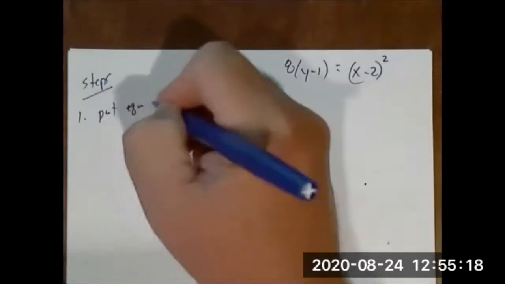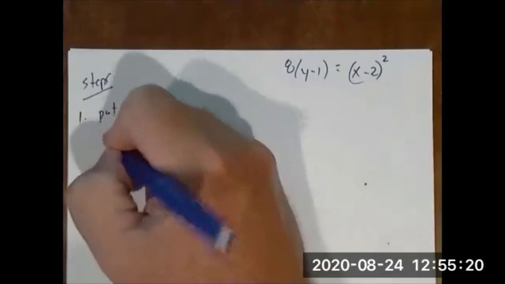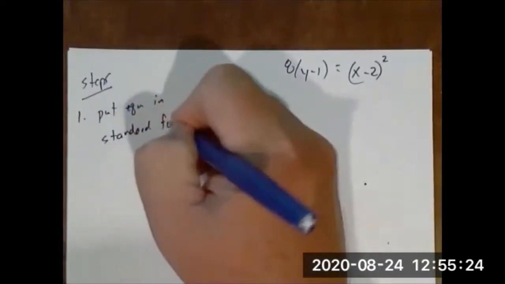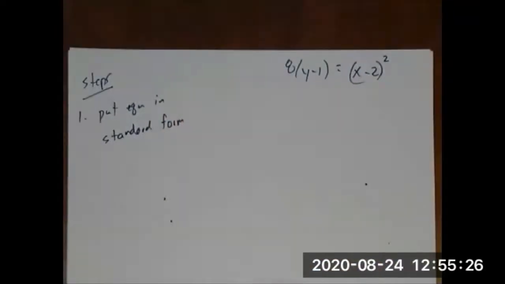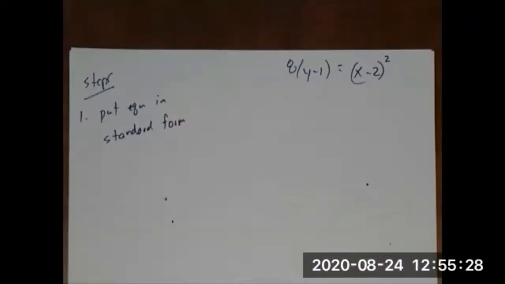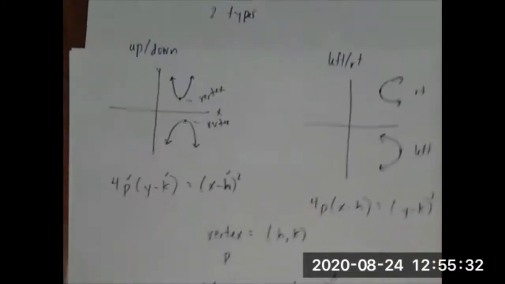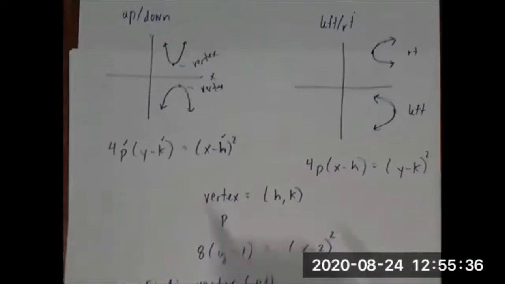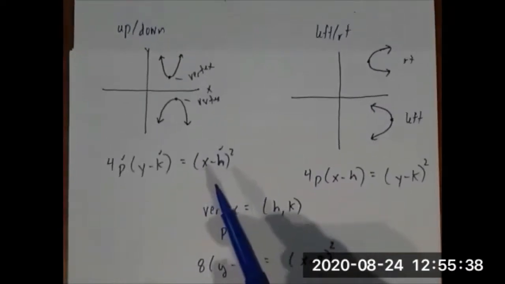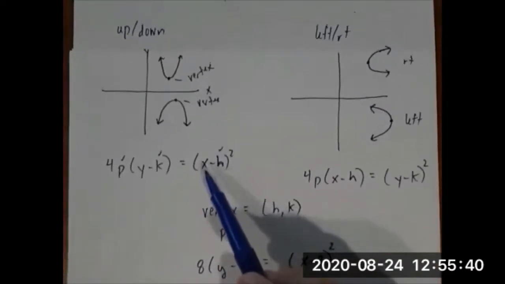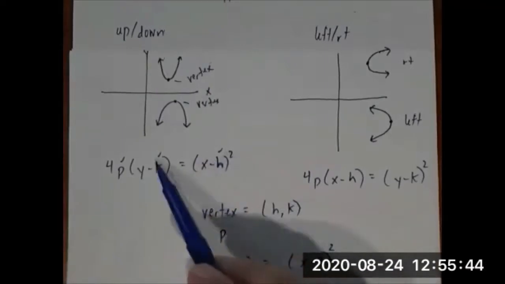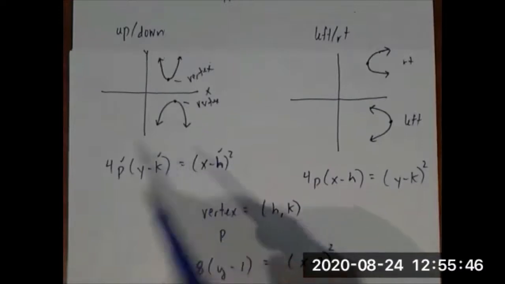put the equation in standard form. What does that mean? That means you go back. Earlier I gave you the two standard equations. The key thing I think about is, you notice in both these equations you have a parenthesis that gets squared and a parenthesis with no exponent.